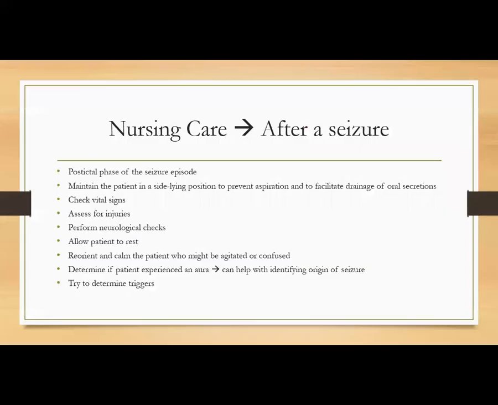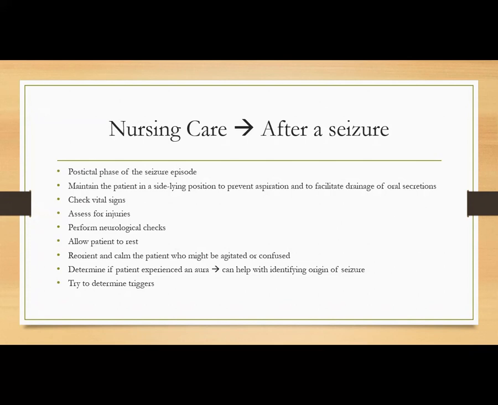So after the seizure, once again, this is another one that you want to know. In your postictal phase of seizure episodes, you want to maintain the patient in a side-lying position to prevent aspiration and to facilitate drainage of oral secretions. You want to check your vital signs. You want to assess for any injuries, perform your neurological checks, because remember, this is after the seizure. You want to see, are they still confused? Do I need to bring them back to reality?